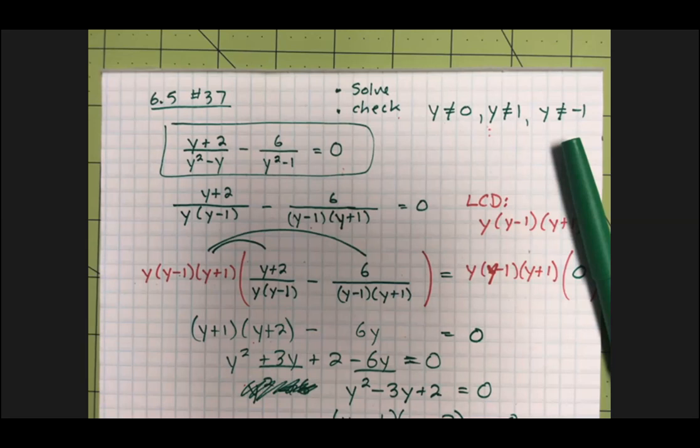Okay, for some reason I confused it. Let's try it again. x plus 2 divided by x squared minus x. Notice how Desmos, while I'm typing, even though I'm not finished, is trying to graph what I'm typing. So there's x plus 2 over x squared minus x. Now we're going to subtract 6 divided by x squared minus 1.